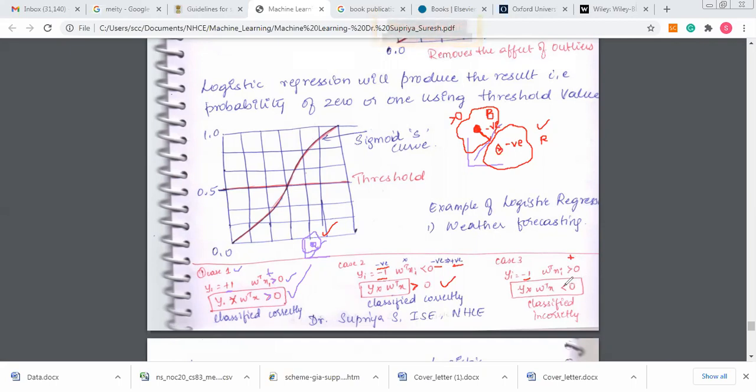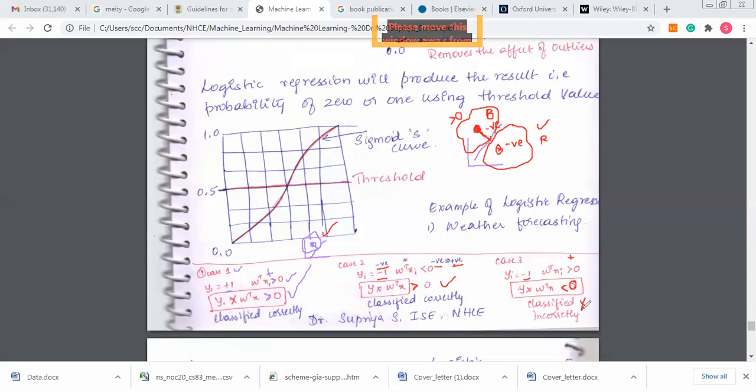What does negative mean? It is lesser than 0. When I get something lesser than 0, it means it is classified incorrectly. This is how even your SVM classifiers or any of the other classification mechanisms that we perform use the same strategy. Case 1, case 2, case 3.